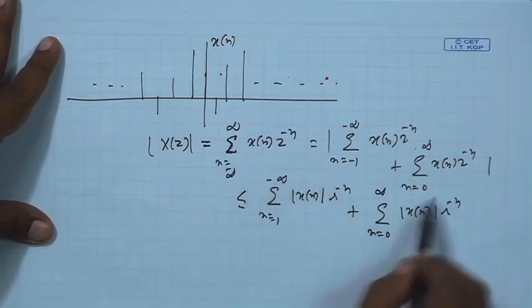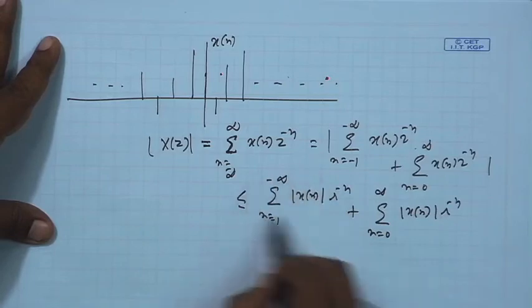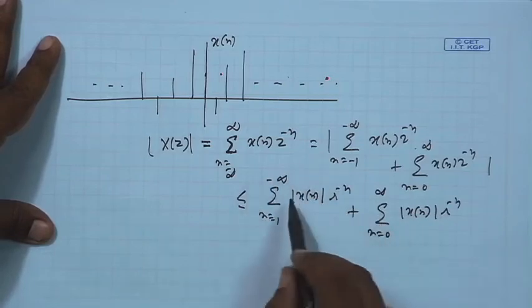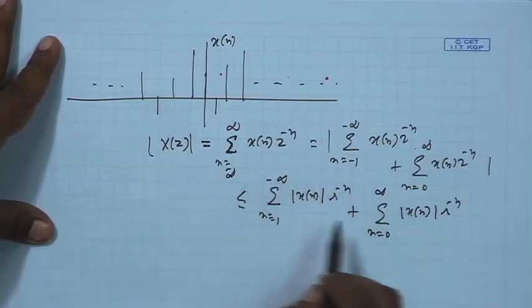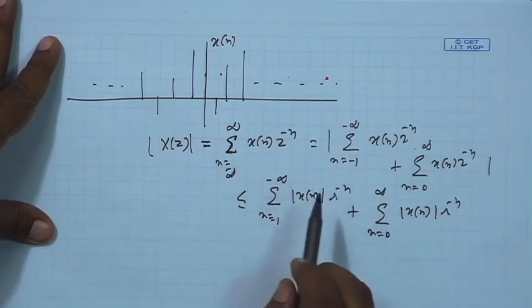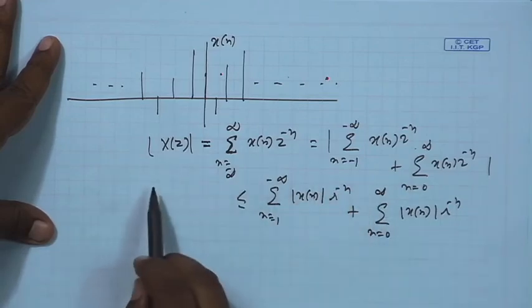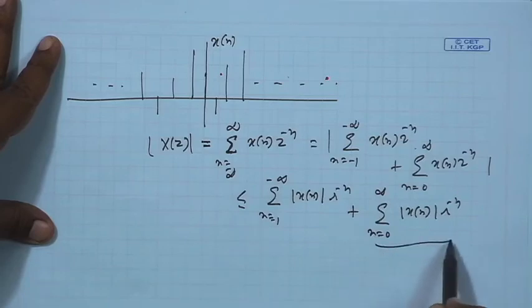Again this must be finite, this must be finite, because both are positive and there is a plus sign. So, if both are positive, then only the right hand side is finite, and therefore, the left hand side is guaranteed to be finite.